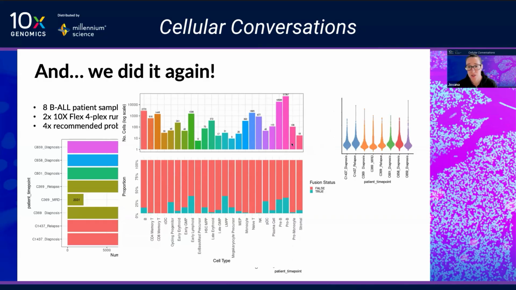What was most encouraging, though, was when we looked at the numbers of cells that we were now detecting the fusion in. If we zoom in on our pre and pro B cells, which collectively we had tens of thousands of, 60,000 of one and 20-odd thousand of the other type, we're seeing expression of the fusion in maybe around 40% of these cells.